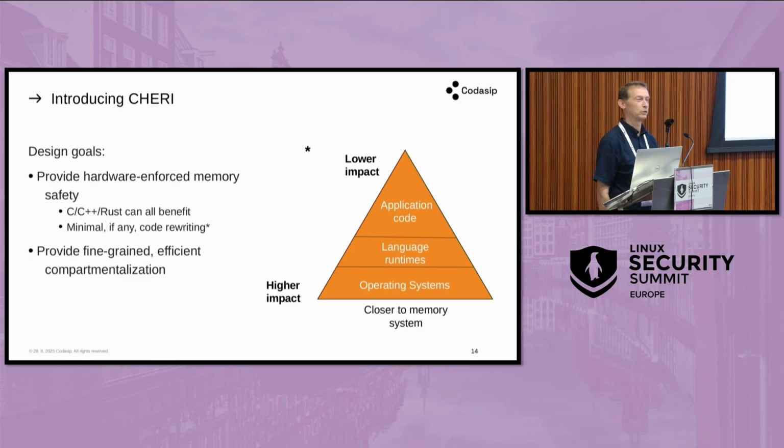We already have coarse-grained compartmentalization in our systems. You have the MMU that will isolate processes, and you have vertical integration in terms of your rings or modes like supervisor and user mode. But these are coarse. CHERI is designed to be very fine-grained, down to the byte level, if you wanted to go there.